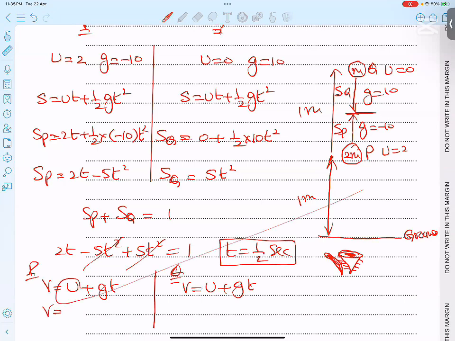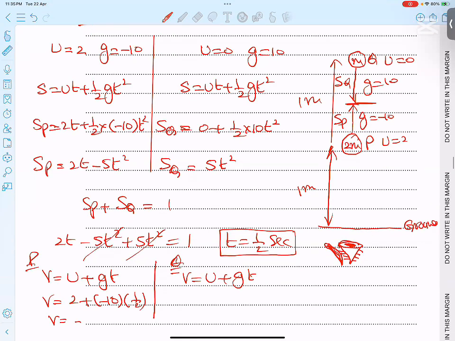When I plug in the starting speed 2 here, so 2 plus gravity negative 10 times T half, I'm getting 2 minus 5, and I got negative 3. And when I apply U equals 0 for Q, positive 10 times a half, I got 5 meters per second.